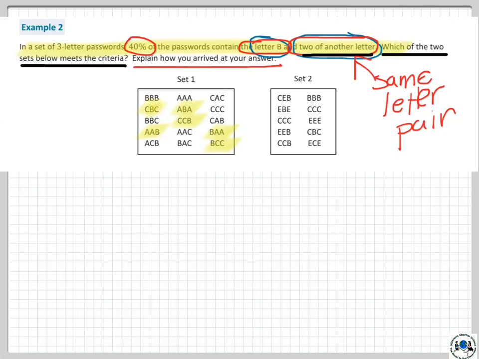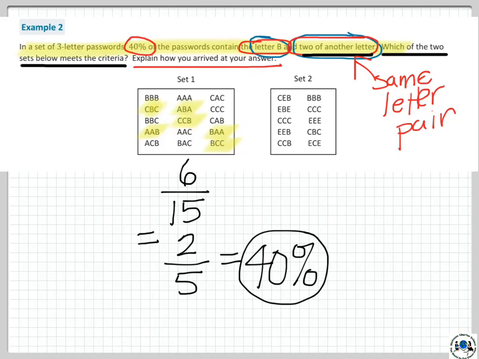You can see CBC fits that criteria. AAB does, ABA does, CCB, BAA, and then BCC all fit the criteria. There were 6 of those, and there were 15 total trios in set 1. So 6 out of 15, same as 2 out of 5, which we know to be 40%.